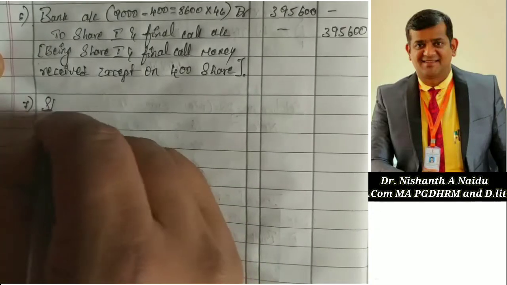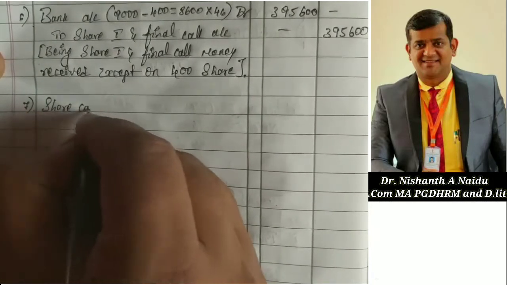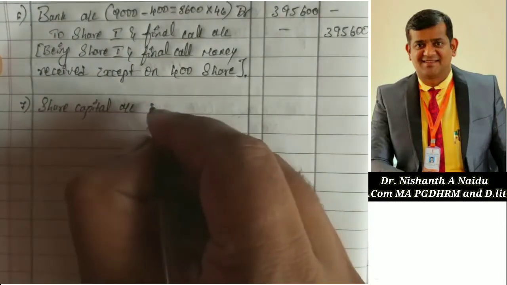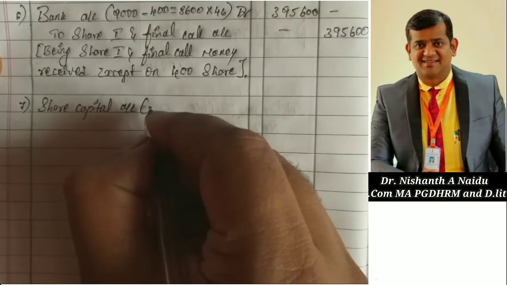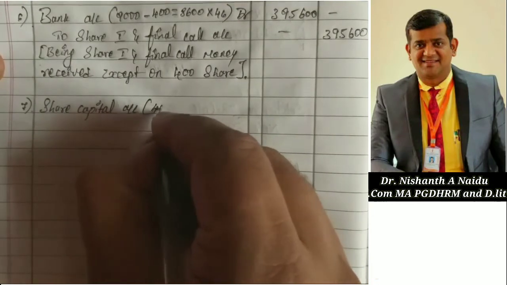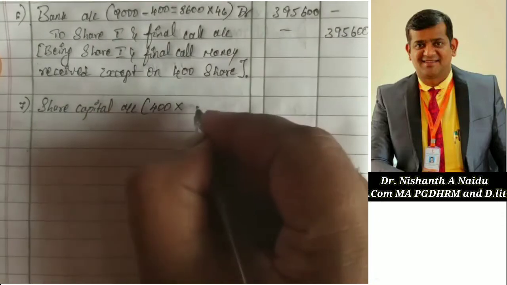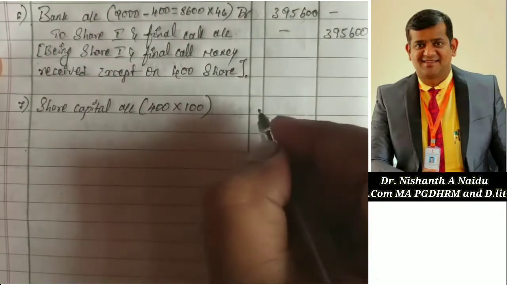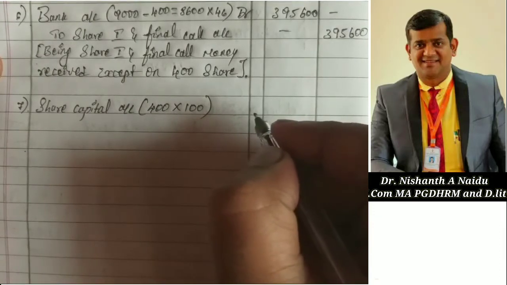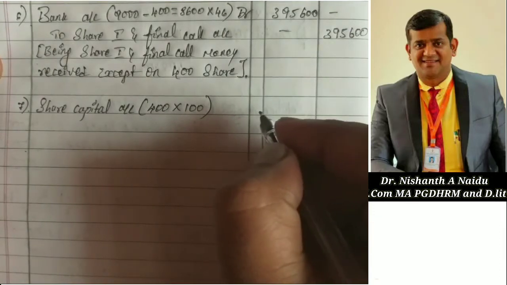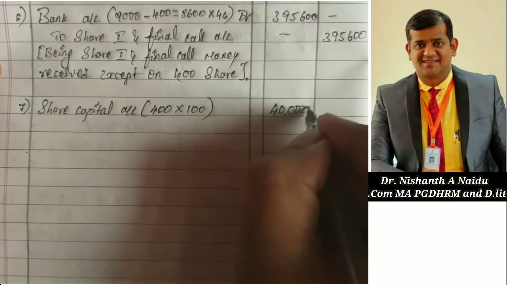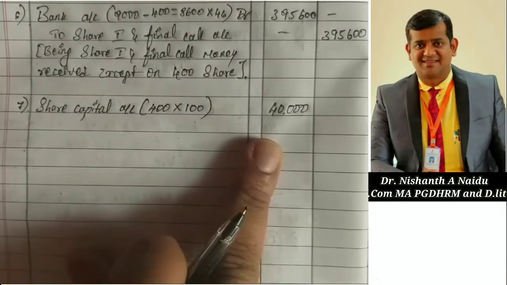So now write down share capital account. How many shares failed to pay the call money? That is 400 shares. What is the face value? 100 rupees. So 400 into 100 is 40,000 rupees. I have included the discount in this entry, the discount of 4 rupees.